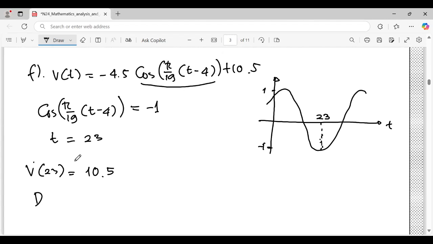So the distance would be phi times t, where phi is 10.5 and t is 38, and the distance is 399 meters, or 400 meters.